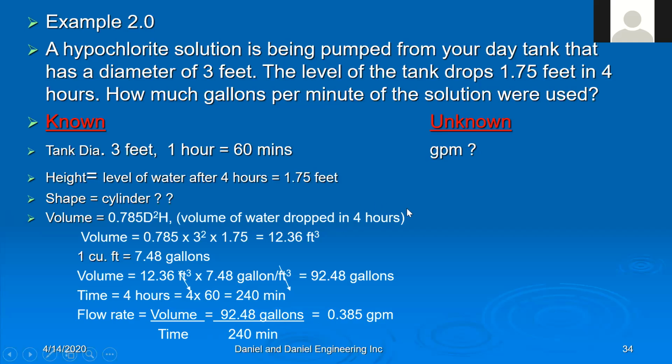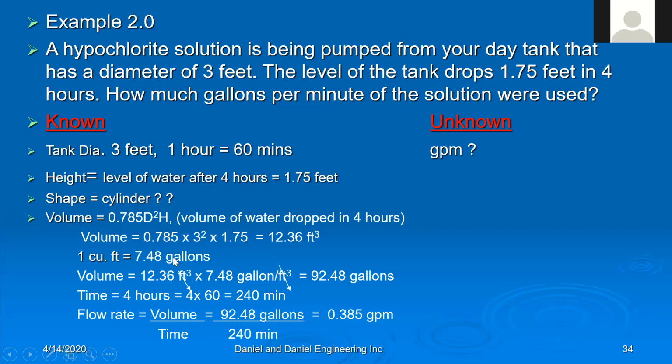Remember that, I'm putting that in brackets so that you'll bear that in mind. That's the volume, not of water, but of chloride solution. So 0.785 by 3 feet squared by 1.75.